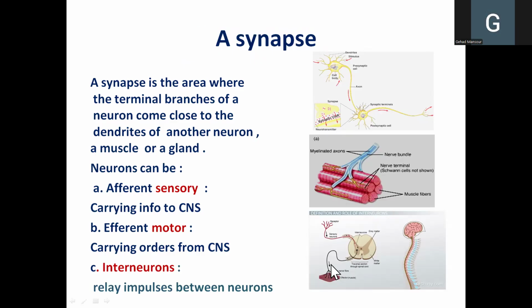And it is called an efferent motor neuron, whether it is going to a skeletal muscle or to a smooth muscle or to a gland, okay? This is called a motor unit. A motor unit is the nerve axon and its branches and all the muscle fibers that are related to it, and they contract as one unit when the electric impulses reach this terminal part of the axon, a motor unit.